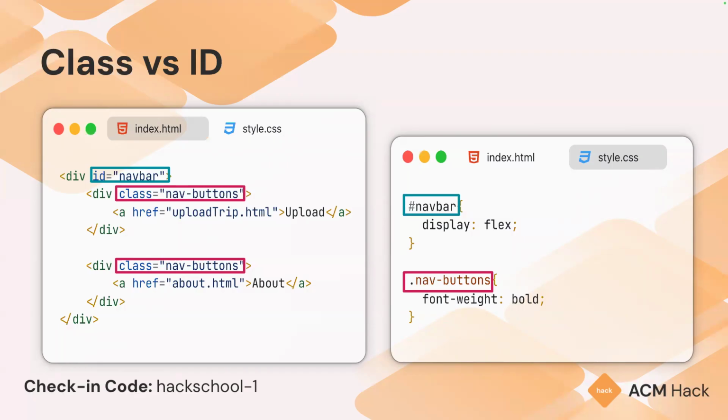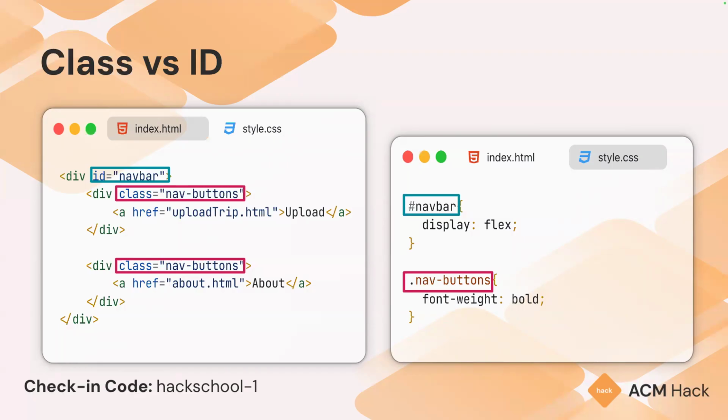So here's another example of class versus ID. This is similar to the div that you guys coded in activity 1. So here the div has ID equals navbar, and the inner divs have a class, which is nav buttons, which has been applied to 2 elements.